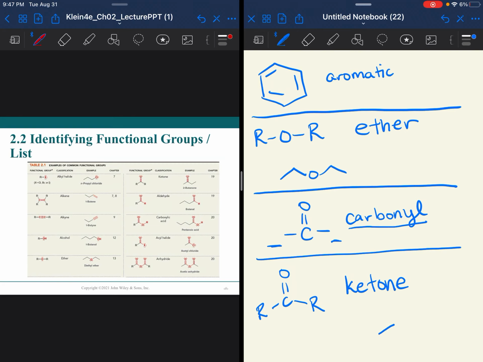Specific ketones, right? The simplest one is acetone, where you just have CH3s on either side. But those R groups could have however many carbons. They could be aromatic, right? What the R group is doesn't matter as long as it is a carbonyl sandwiched between 2 organic pieces.